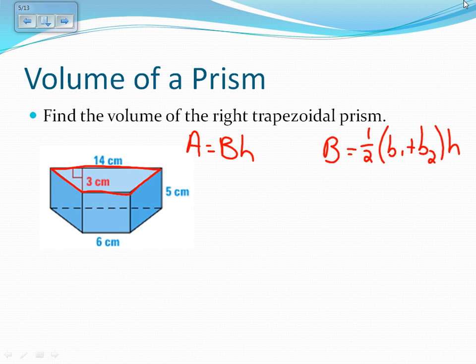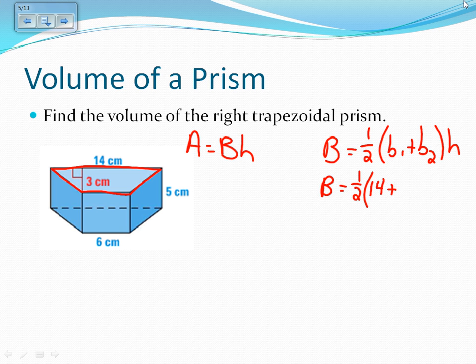Now this is going to get confusing because here we're going to talk about the base of the prism, capital B. We also have the base of the trapezoid, which is the lowercase b. So the area of the base, capital B, is 1/2. What is one of my bases? 14. What's my other base? 3. Not 3, 3 is the height.